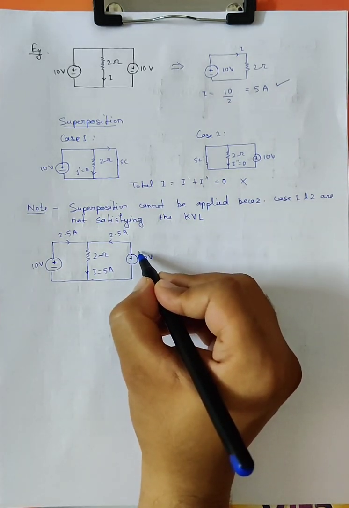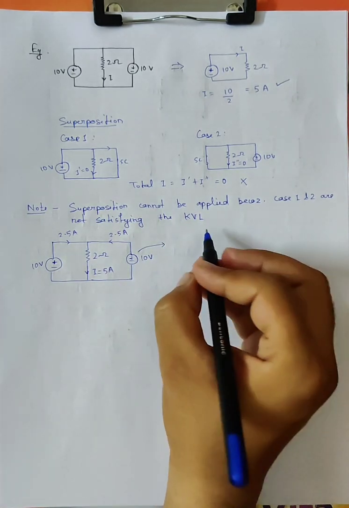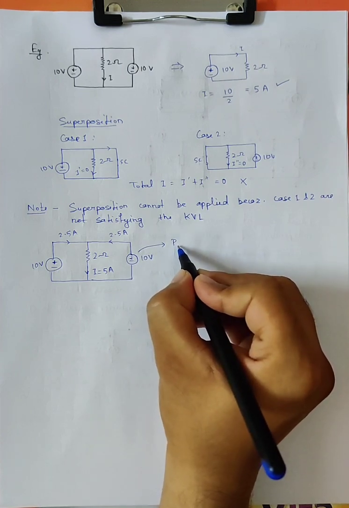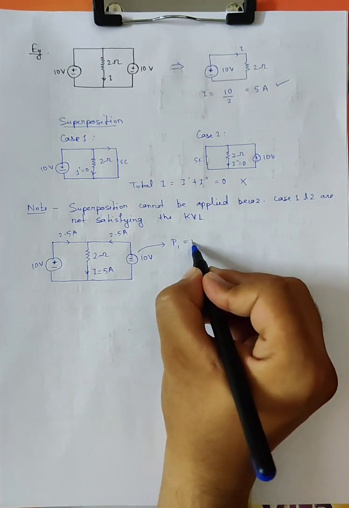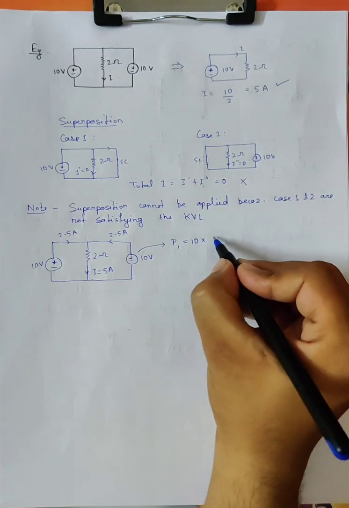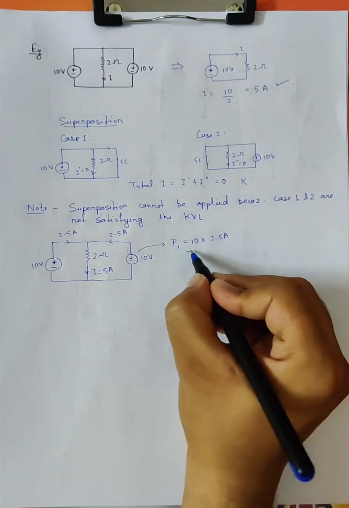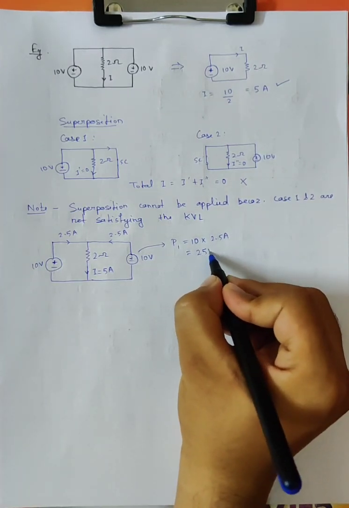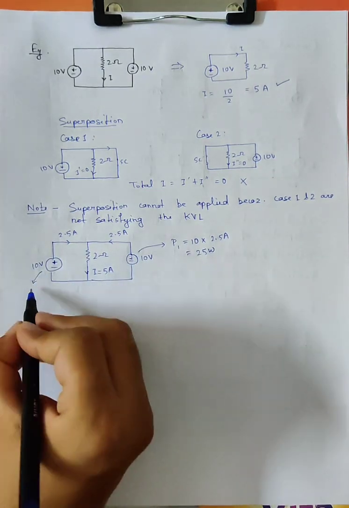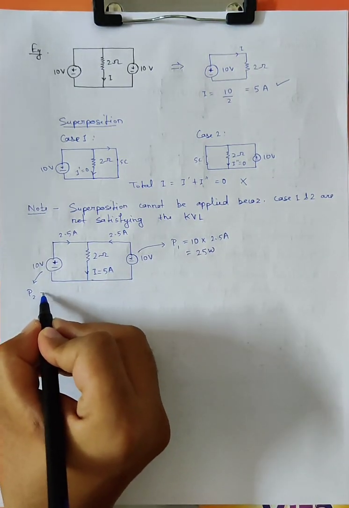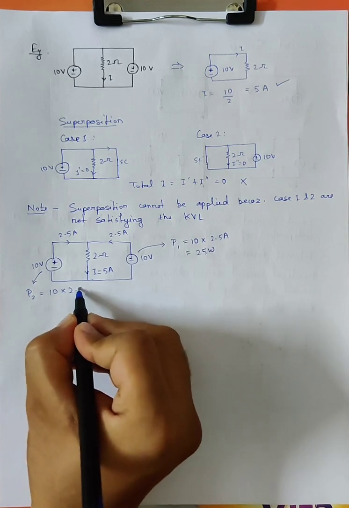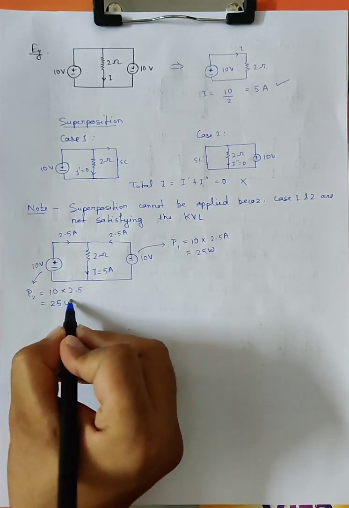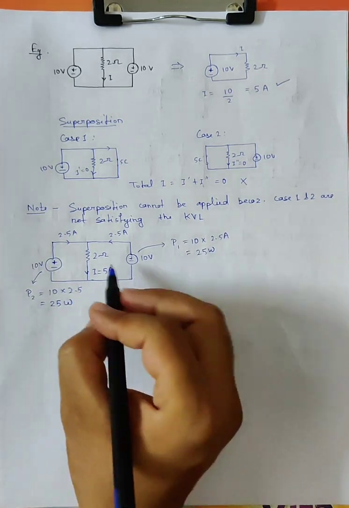If we want to calculate the power delivered by this voltage source, which will be P1, let's say, it is equal to 10 volts into 2.5 amperes, which is 25 watt. For this voltage source, P2 is equal to 10 into 2.5, which is 25 watt. This is also delivered.